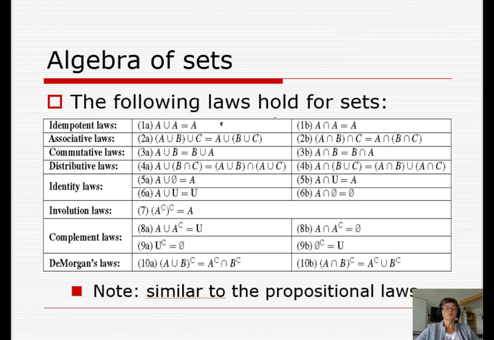Okay, if we look at the second one, the associative law, then you should compare it with something you learned in your first class when you were 8 or 9. If we want to add 2 plus 3 plus 5, it doesn't really matter whether we first add 2 plus 3 and then later on 5, or whether we do 3 plus 5 first and then later on add 2.